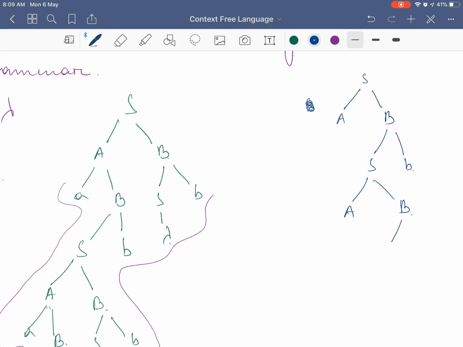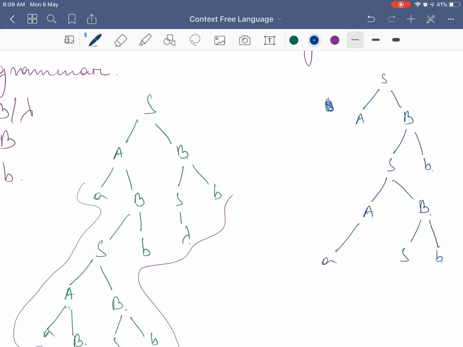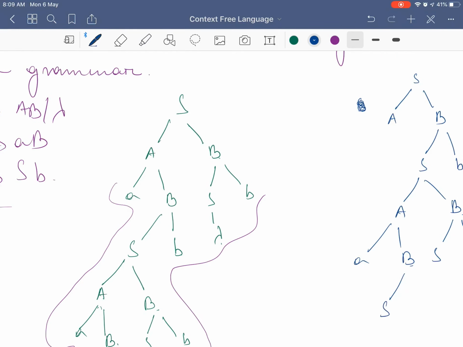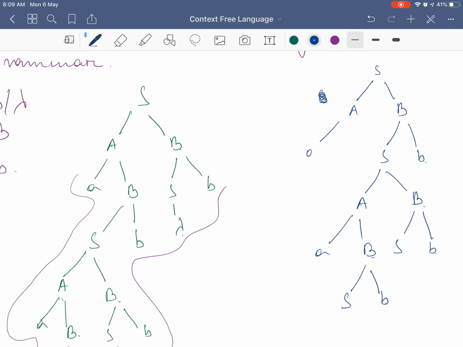Then this one again will be S and small b. Now this A I am getting as ab, and this B will again become capital S small b, and this S will again become AB, and this B will be S and then small b.